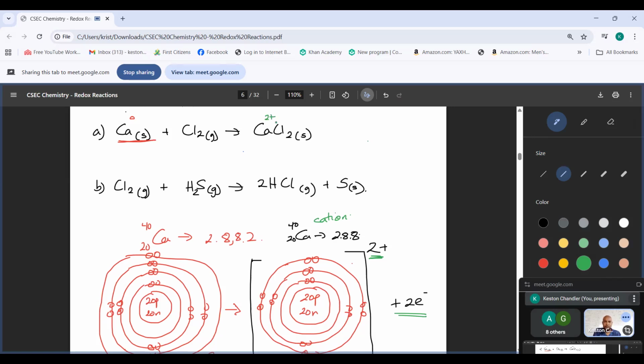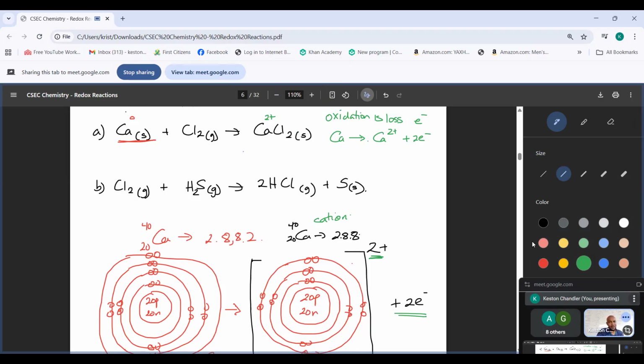How did that happen? It happened because it lost electrons. Oxidation is loss. Loss of what? Electrons. So if calcium went from 0 to calcium 2 plus with 2 electrons hanging around here, this is what we refer to as oxidation.